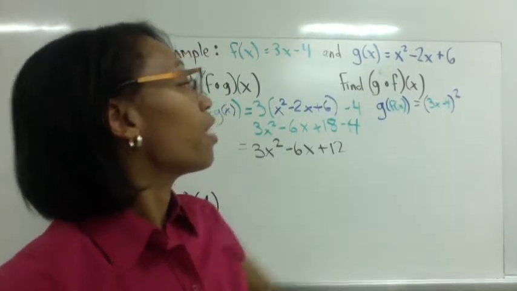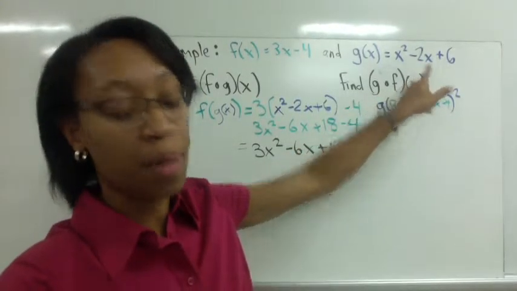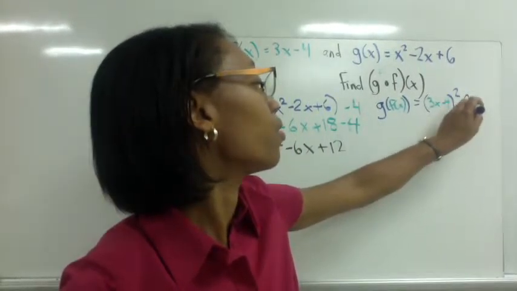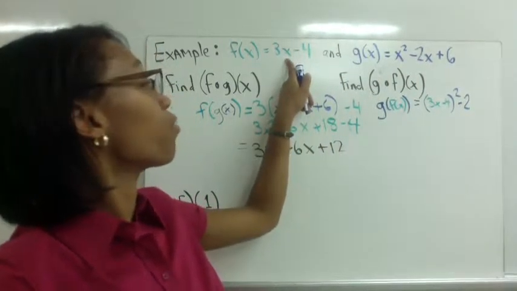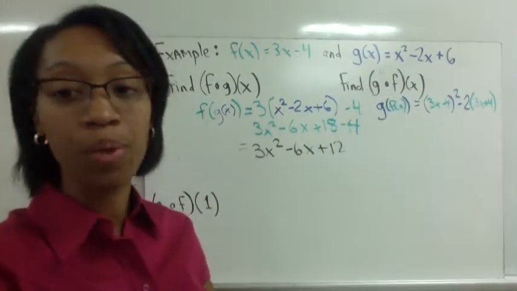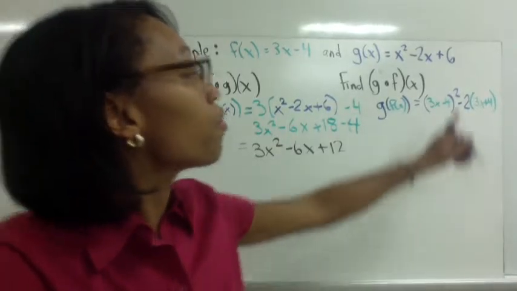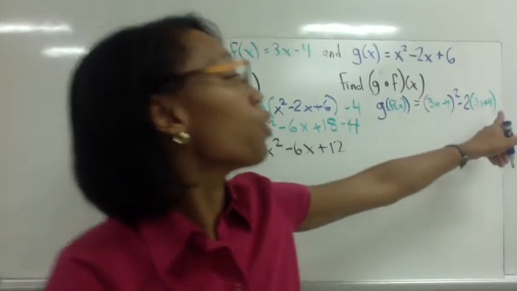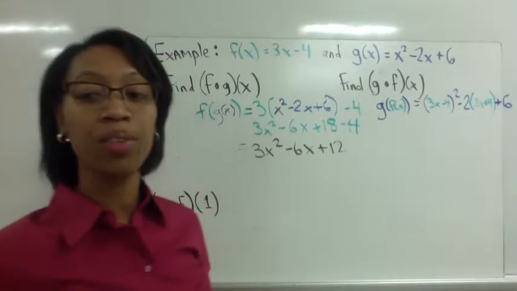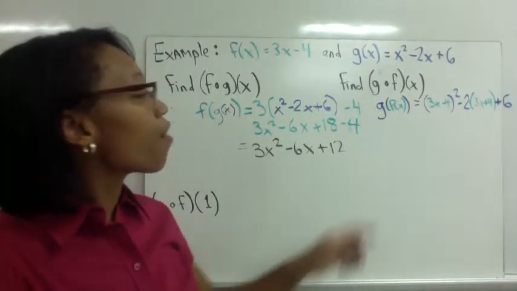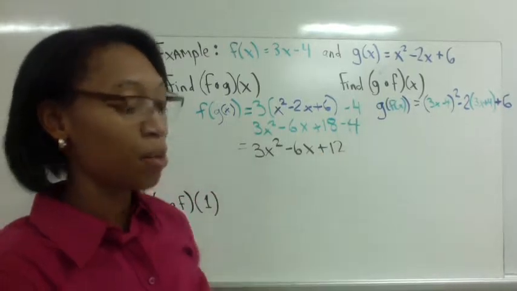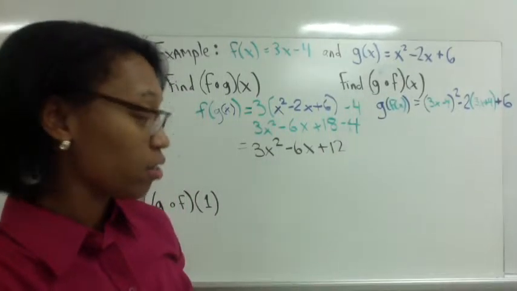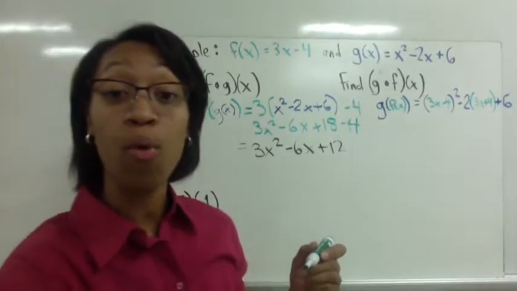Okay, and then I keep following along my g. I have minus 2, and instead of x, I have to plug in this whole thing, 3x minus 4 again. Okay, and then I have plus 6. So now I have 3x minus 4 squared. That means that I'm going to have to multiply this out using FOIL.